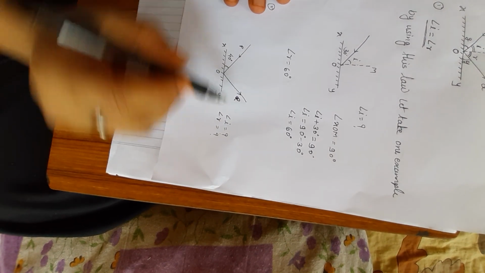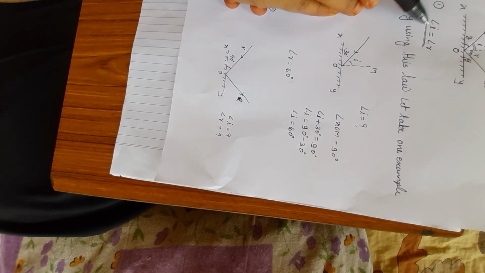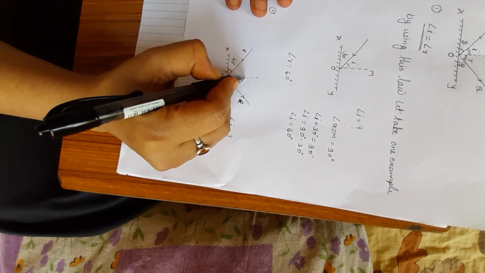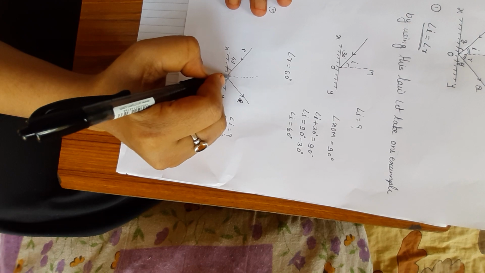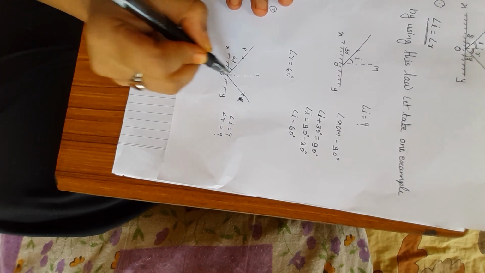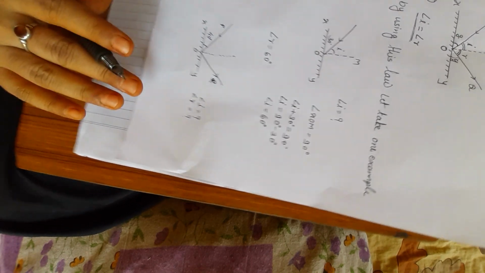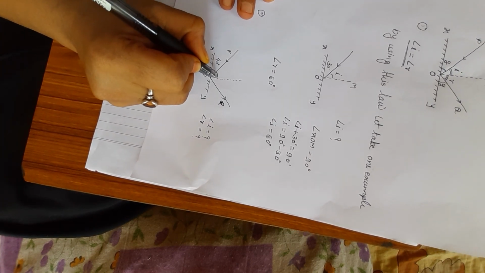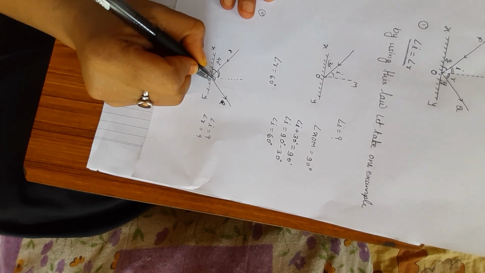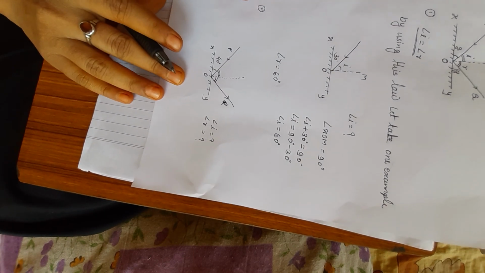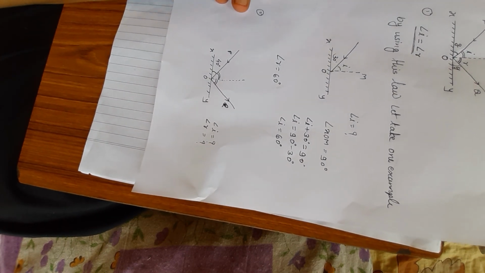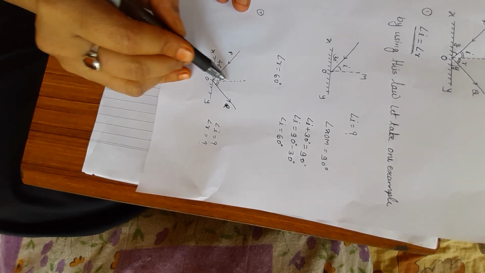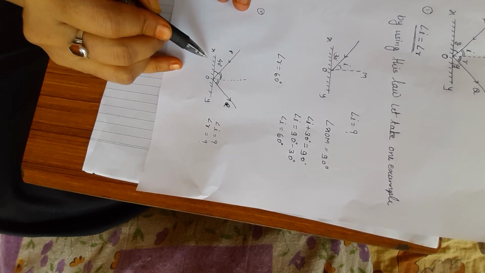Now for this, by the law, we have to draw the normal on this XY reflecting surface like this. And this is the incidence angle and this is the reflecting angle. As we know, both are the same. Therefore, the angle for the normal is 90 degrees.